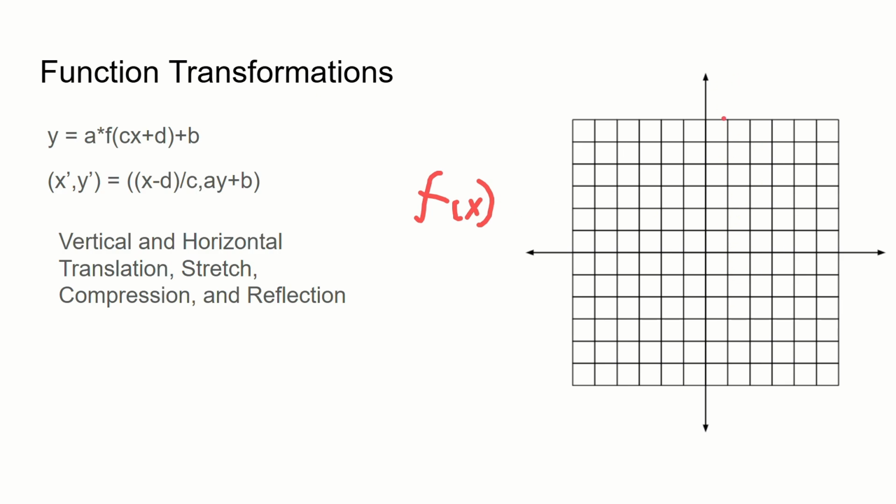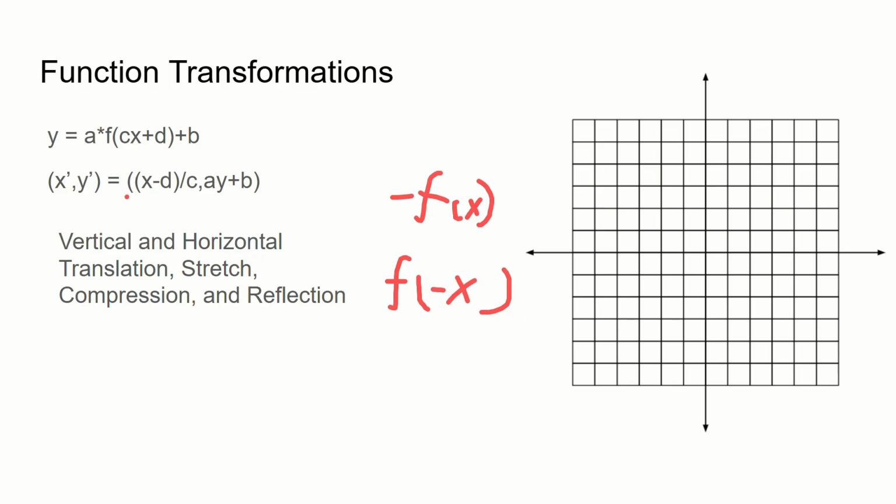And reflection will simply be negative that. Horizontal is whatever is inside. If you have some function that's changing inside here, that will change it horizontally, so you don't need to change the y. The x's will shrink and compress, and multiplication for x will compress it, but for y will stretch it, and reflections would be the same, but negative inside of the function.